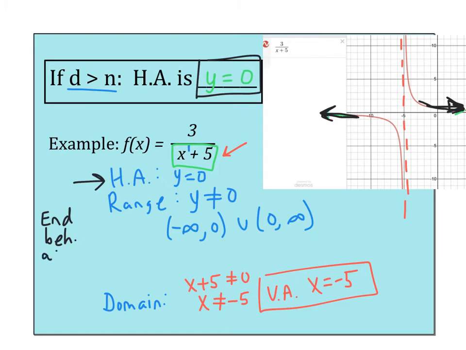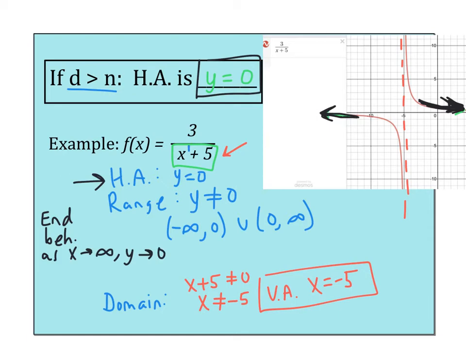So let's just remember how to write this. We're going to say as x goes to positive infinity, what is y doing? As x goes to positive infinity is over here on the right side. The y values are approaching the horizontal asymptote, which value was 0.